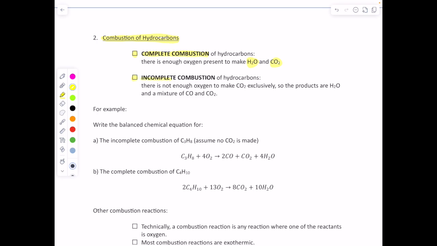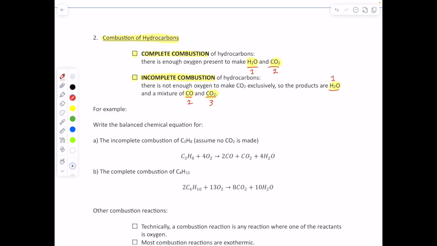If there's insufficient amount of oxygen to make carbon dioxide exclusively, the products will then become water, carbon monoxide, and carbon dioxide. So in complete combustion, we only have two products, water and carbon dioxide. But if there's not enough oxygen, then we're going to get water, carbon monoxide, and carbon dioxide.